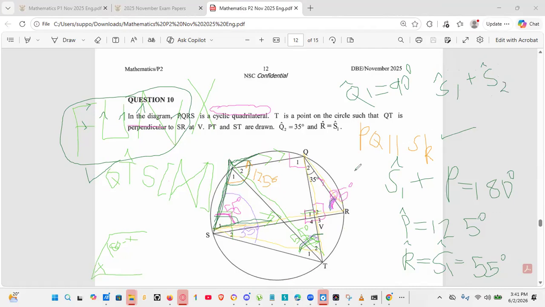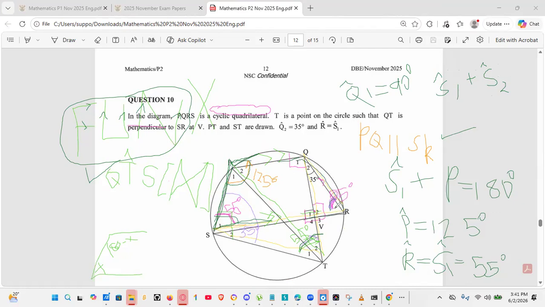diameter. So to prove it, using the parallel lines, I'll have another co-interior angle for this Q1. So another co-interior angle.